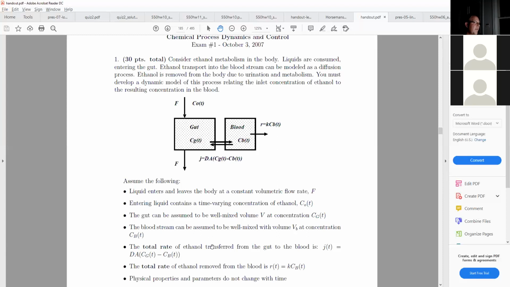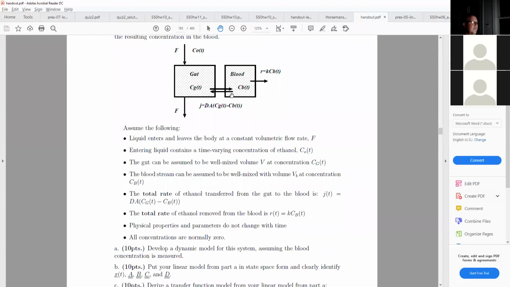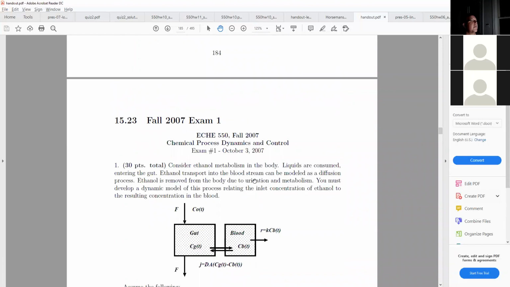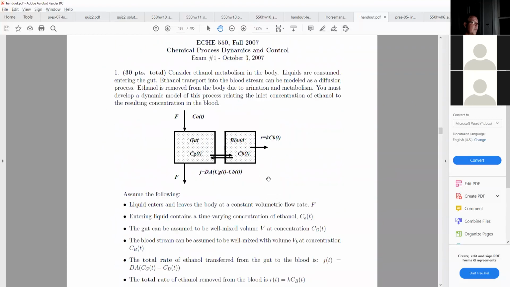But you have to read the problem and make your assumptions about which direction it's going. If it's showing up, it's positive in this volume. If it's leaving, it's negative because it's being pulled out. It can't be positive in both, and it can't be negative in both. And usually you can figure out which way it's going based on this is probably higher than this, so it's probably going from G to B.